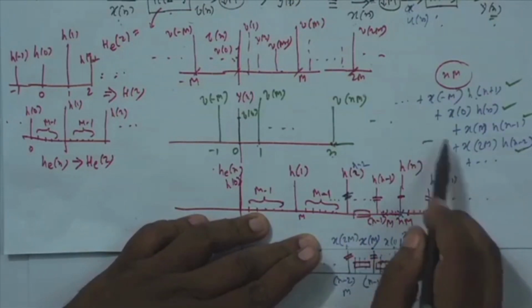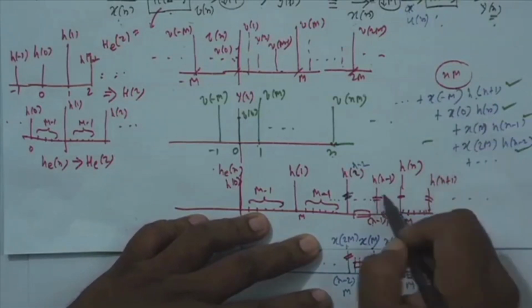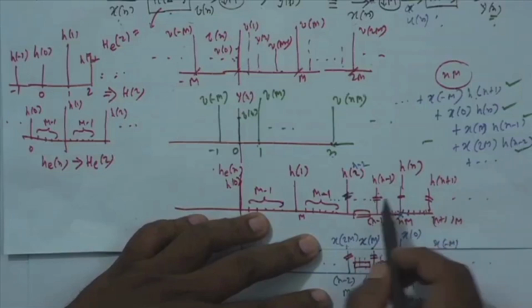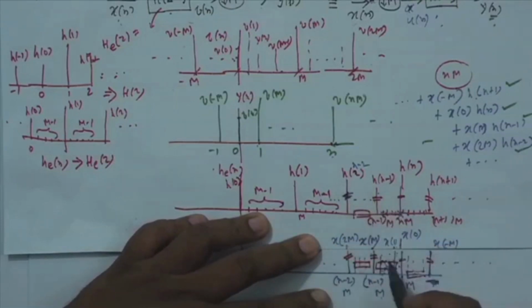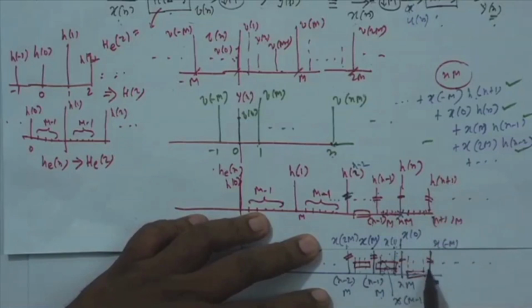This way you get the term x 0 h n, then x m comes, h n minus 1 from the top. Then h n minus 2 if it is x 2 m. If it is h n plus 1, it is x minus m. These zeros do not contribute anything.